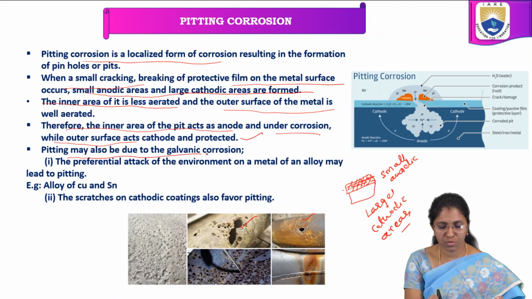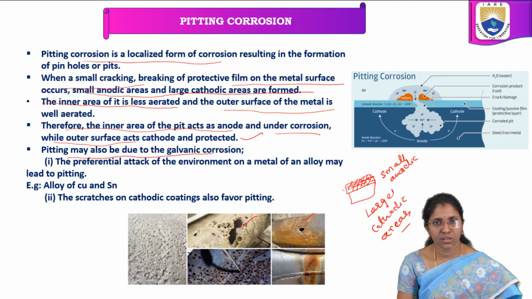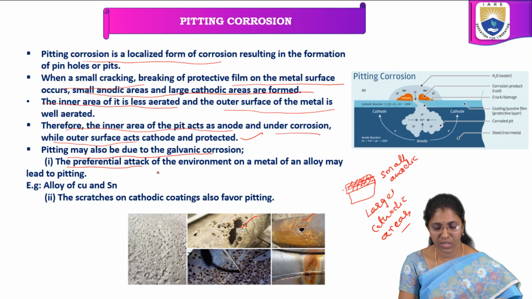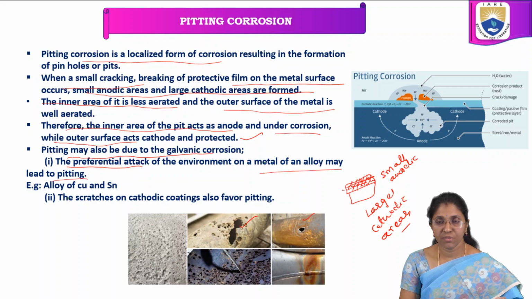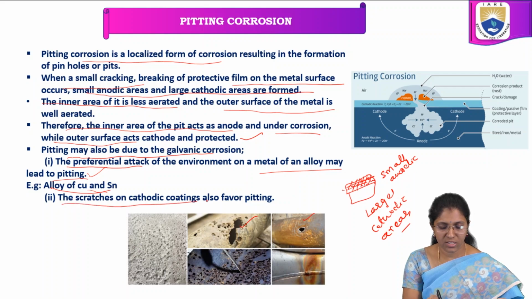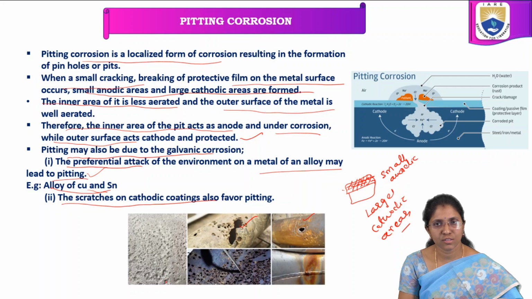Pitting may also be due to galvanic corrosion. The preferential attack of the environment on a metal or an alloy may lead to pitting. An example of this pitting corrosion is an alloy of copper and tin. The scratches on cathodic coatings also favor pitting.